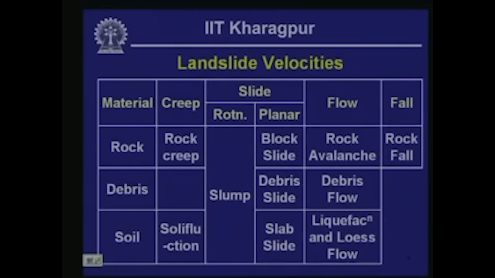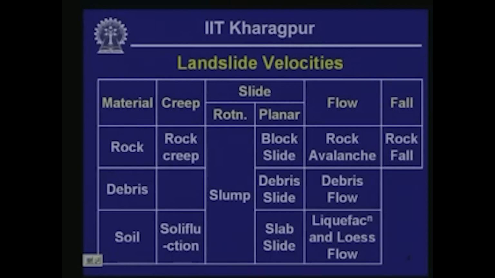Then in the third column it has got two parts. You could have rotational slide or planar slide. The rotational slides are lumped together for all rock, debris and soil, different classes of material, with the name slump.